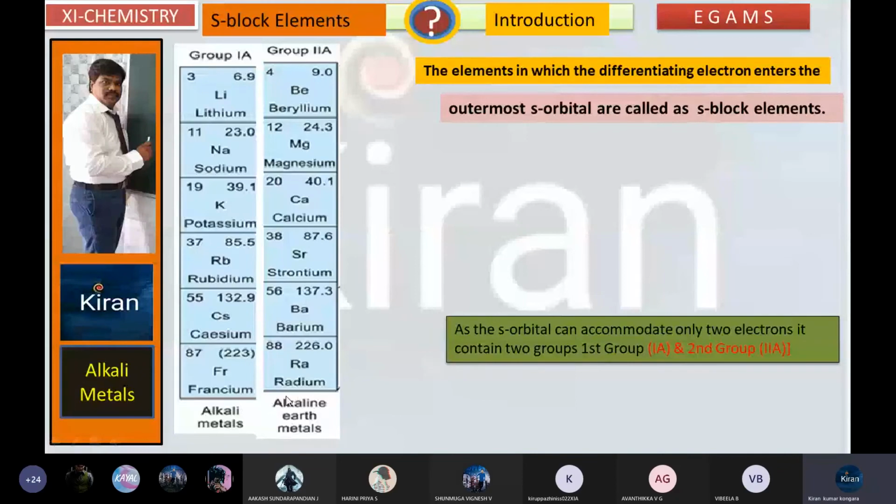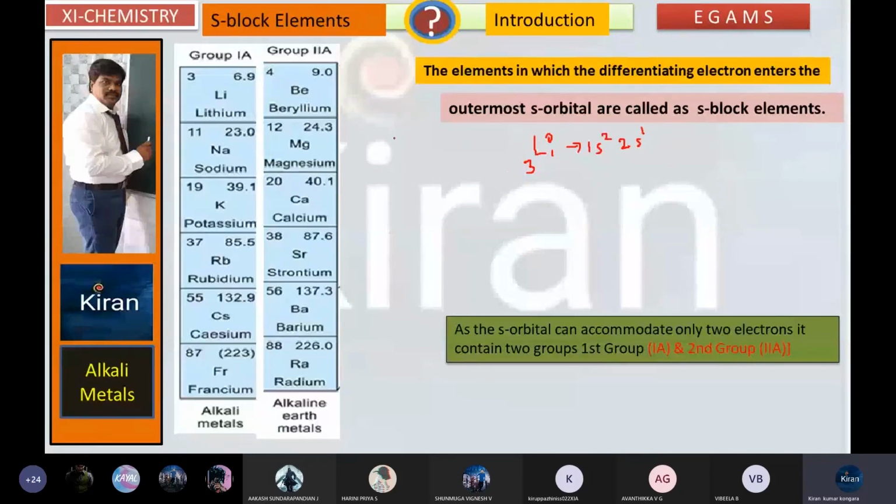So those two groups belong to the long form periodic table as the s block. For example, I am taking the first element, lithium. Its atomic number is 3 and the electronic configuration is 1s2, 2s1.